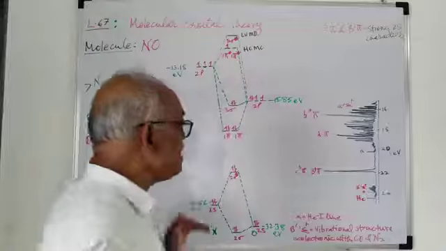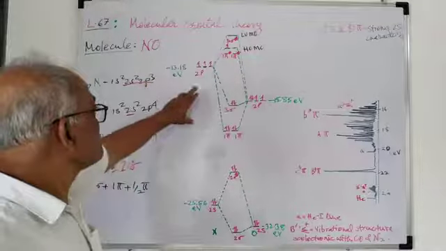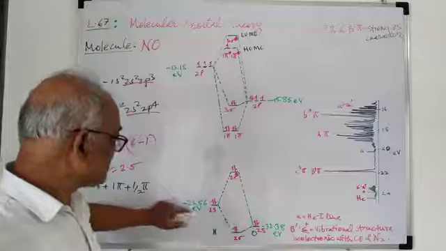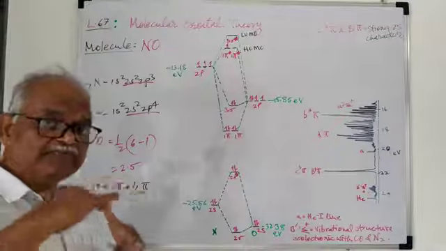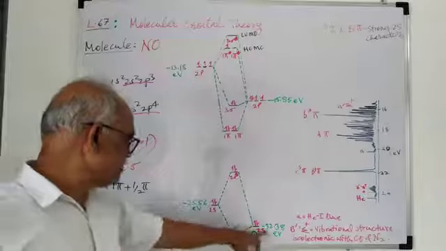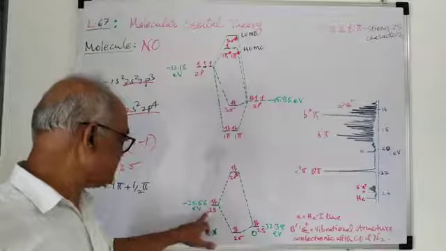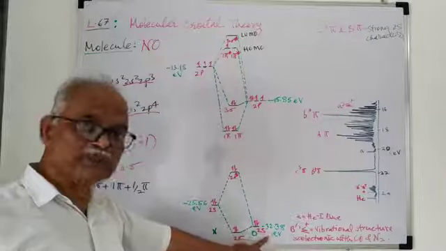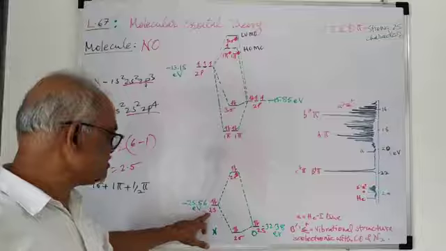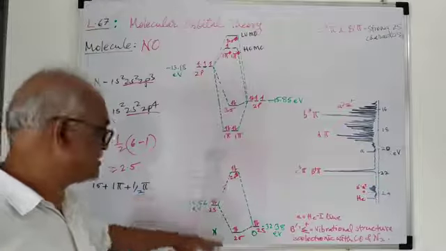Now, another thing you have to remember is that the energy difference between the 2s of oxygen and the 2s of nitrogen is not the same. It is larger. So oxygen 2s is shown at lower energy and nitrogen 2s is shown at relatively higher energy.